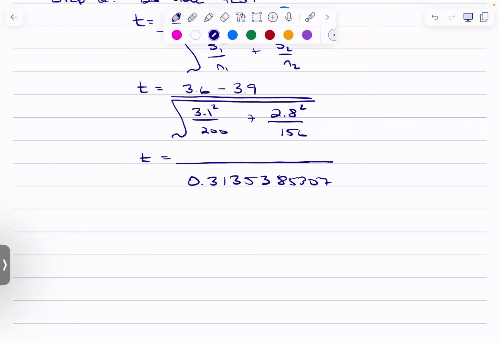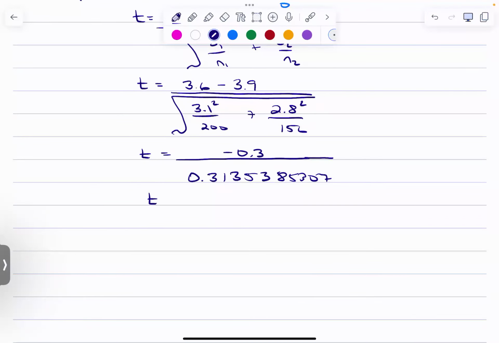3.6 minus 3.9 is negative 0.3 divided by that guy. I get a t of negative 0.956820201.